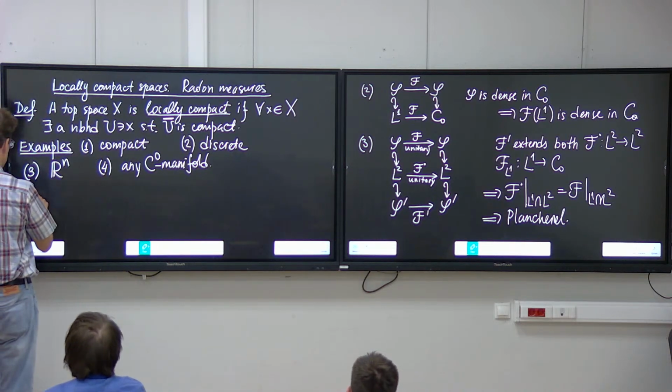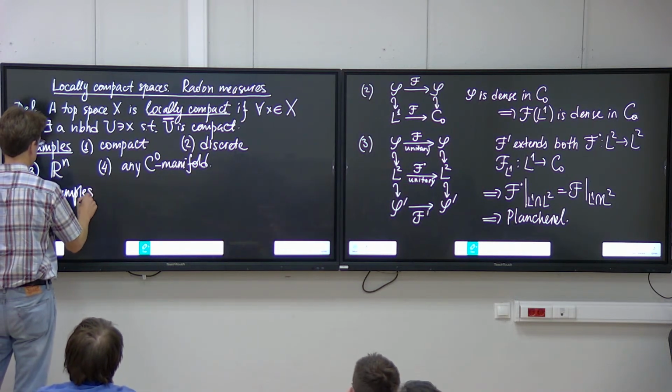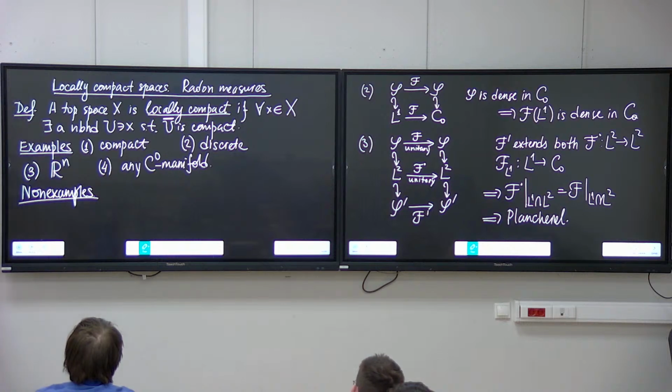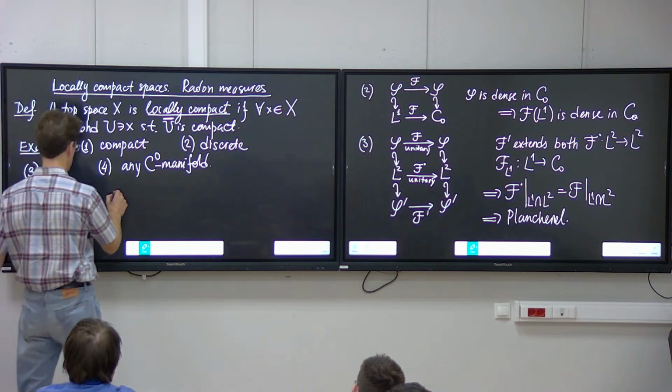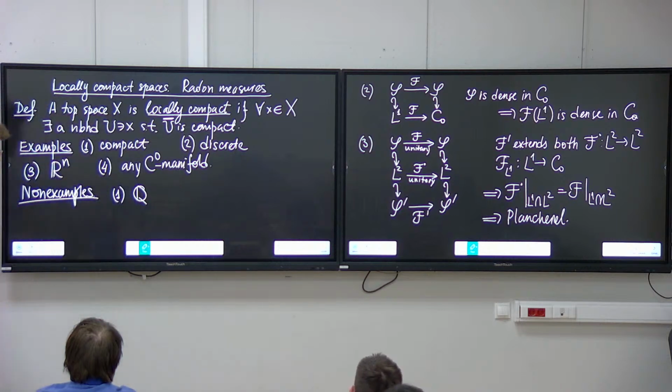Let's also look at some non-examples, that is, topological spaces which are not locally compact. The simplest non-example is the space of rationals equipped with the topology induced from the real line. It's easily seen that it is not locally compact.